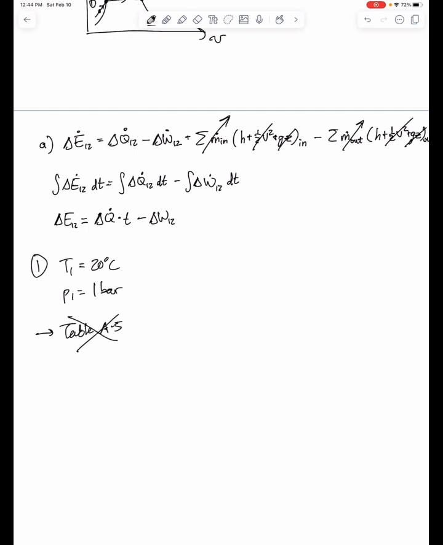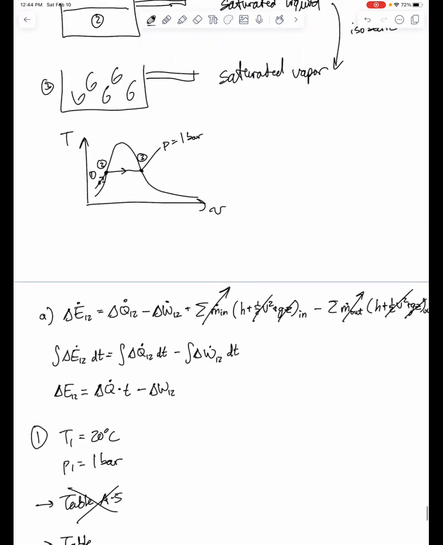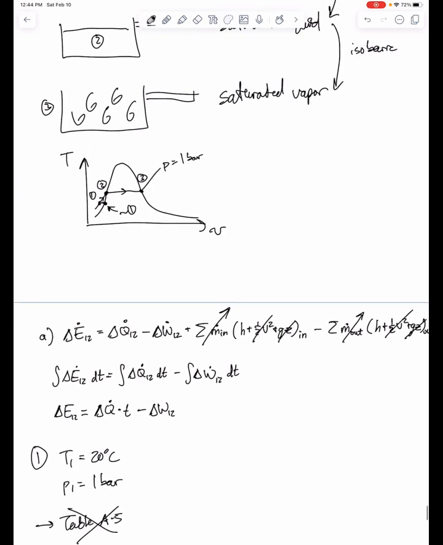So we're going to make an assumption. As you see here, due to how this constant pressure line is sloped, it's very close to this point here. So this is almost the same as state 1: all the properties, specific volume, internal energy, enthalpy, etc. By the way, this is based off temperature, not pressure.